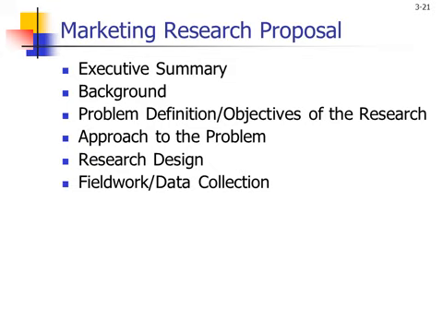Number six in the marketing research proposal, the field work or data collection. The proposal should discuss how the data will be collected. If the field work is to be subcontracted to another supplier, this should be stated, along with control mechanisms to ensure quality.